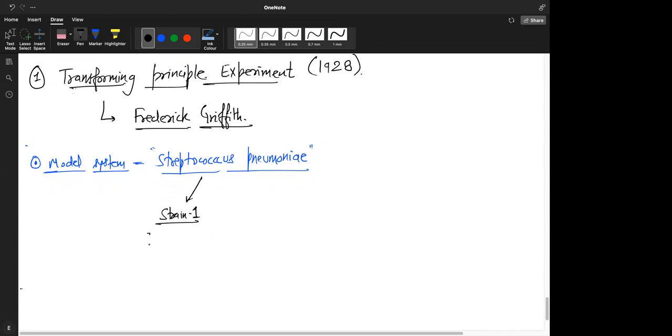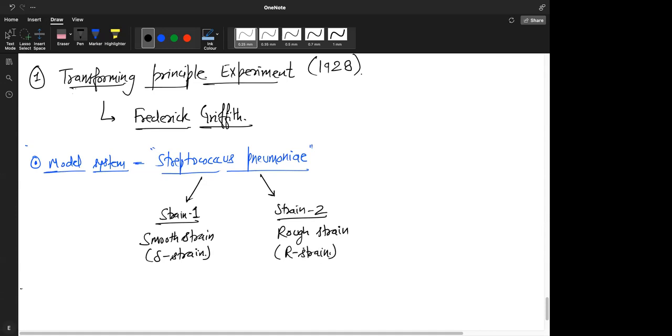is known as the smooth strain or S strain, okay? And strain 2 is called the rough strain. Strain means types of bacteria, okay? Or it is called the R strain.